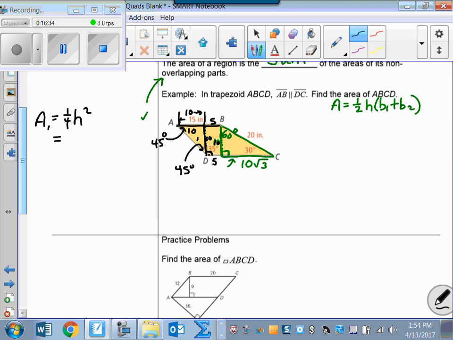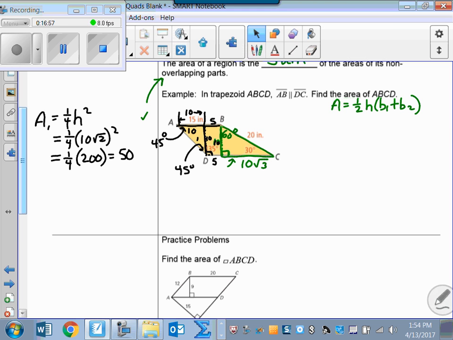Well, if our side length is 10, then the hypotenuse is 10 times the square root of 2. So what is that? 1/4 times, let's see, 100 times 2, which is 200. So that's 50. So that area right there is 50.